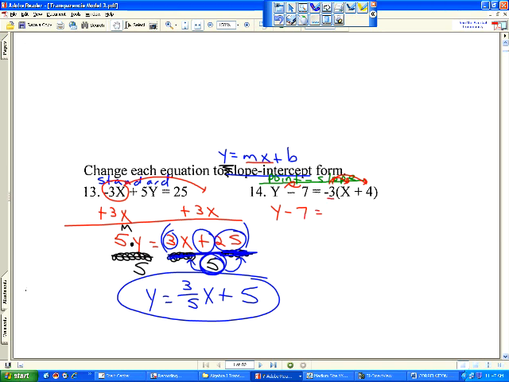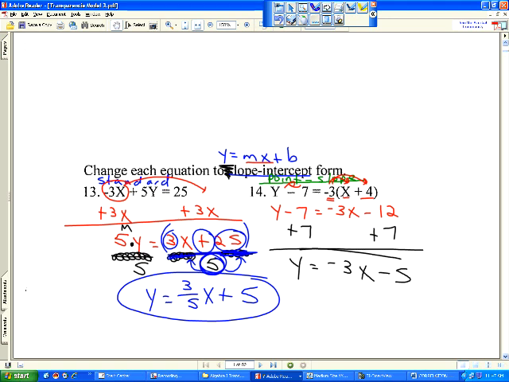So you're going to get negative 3 times x is negative 3x, and negative 3 times 4 is negative, so we put a minus 12. And then we undo, because we need an isolated y, a minus 7 with a plus 7. And so we get y equals negative 3x minus 5. That's a negative. That's a positive.